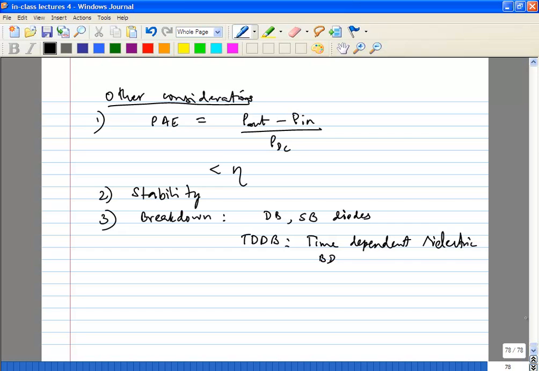The reason it's called time dependent is that you are now working with very large powers, and you will have very high energy electrons which can create traps inside the oxide. It's a cumulative effect, because these traps will slowly reduce the threshold voltage of your device. So slowly you'll reach a point where your efficiency will keep dropping till it becomes useless.